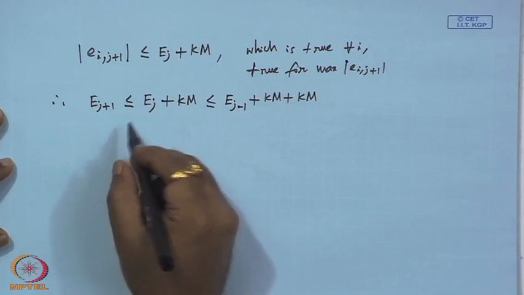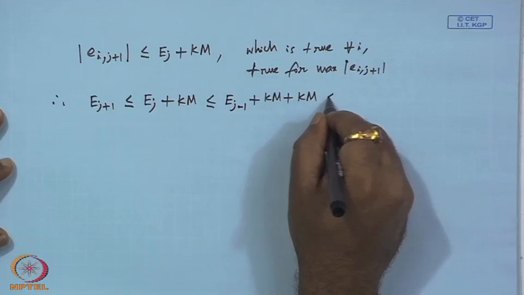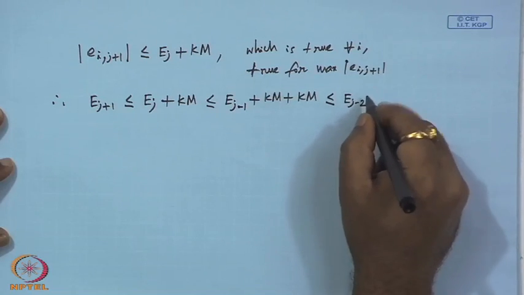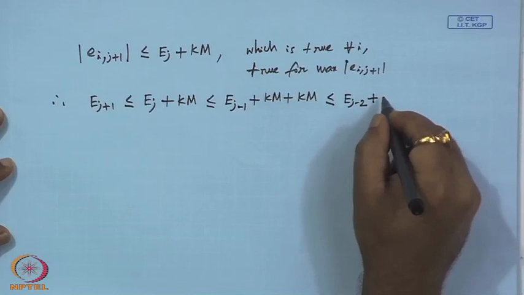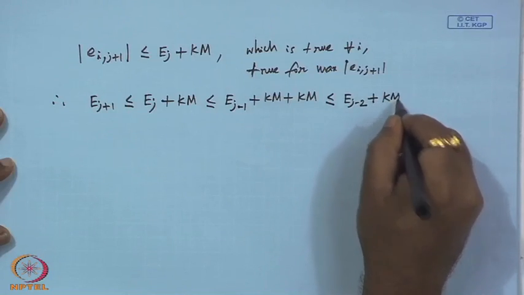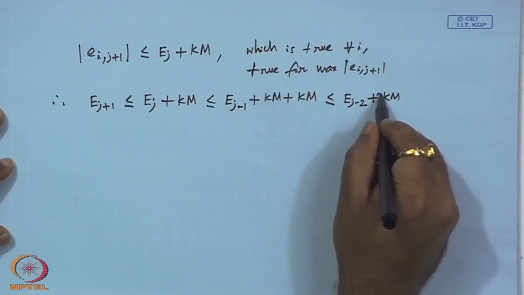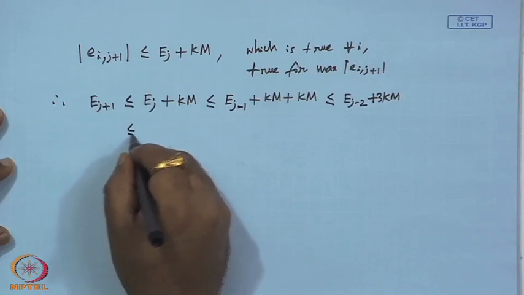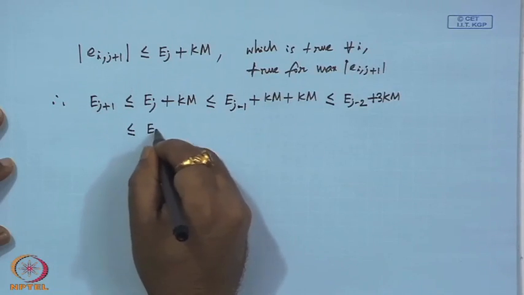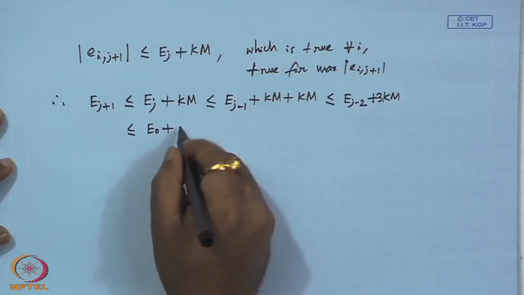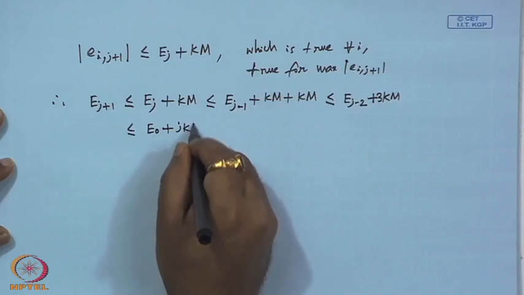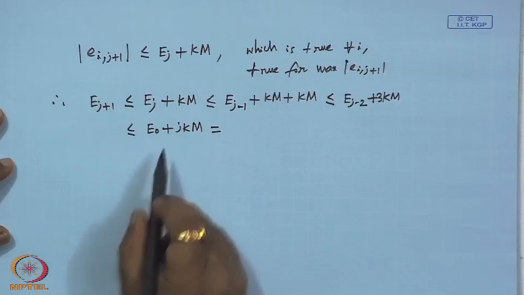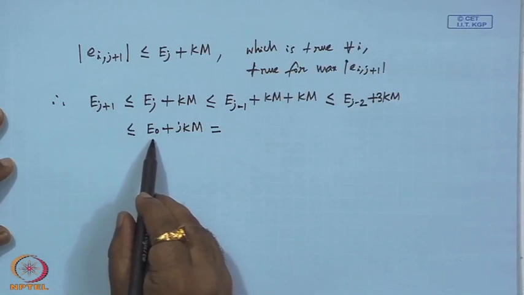Now, you iterate. If we do this 2 times, we get 3 times, and so on. Now, what will this be? Any idea?